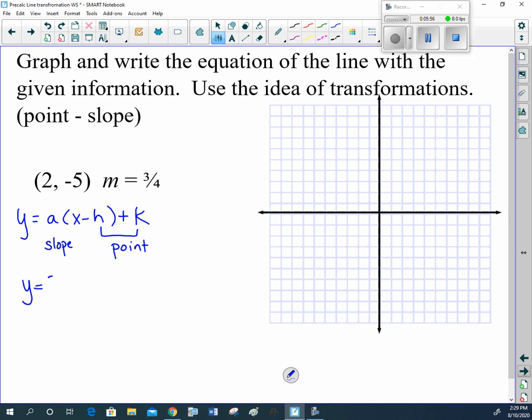So we're going to say 3/4, and then we're going to go (x minus 2) minus 5. And that is an acceptable equation. You could write it like that, and I would know exactly what it is. I would know how to graph it. Come over here, 2, negative 5, and then up 3 over 4, down 3 over 4, like that.